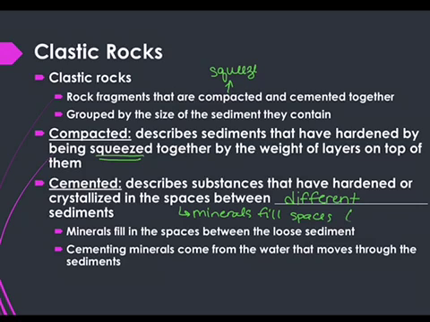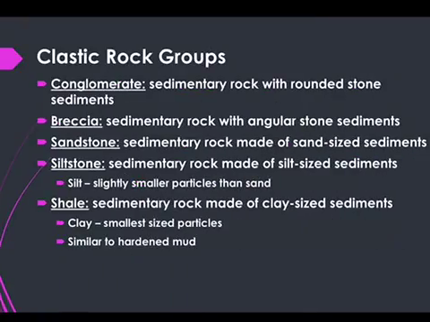So this is kind of like a glue that holds the sediments together. The cementing minerals come from the water and they move through those sediments and get deposited in those spaces between the bigger sediments.